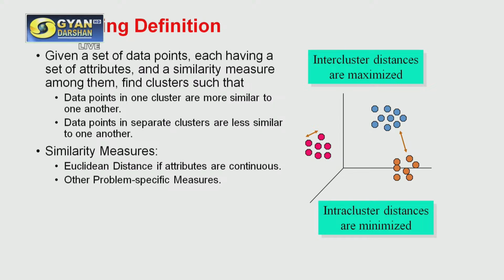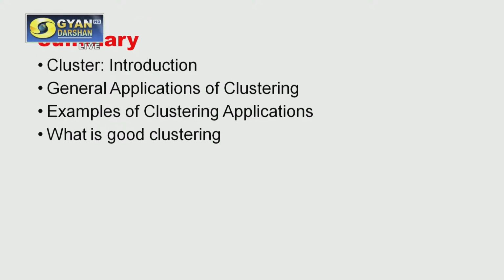So if your data is categorical, your job is to convert it into a continuous or numeric data set, and then use Euclidean distance or any other measure. Based on this, we can form the clusters, use the clustering techniques, and find different applications.